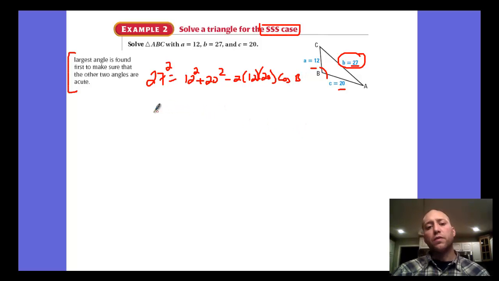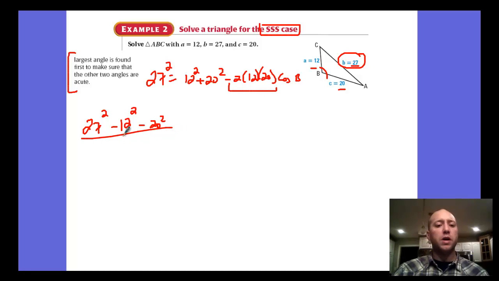So I can go through and solve this. This is going to be 27 squared minus 12 squared, or 144, and minus 20 squared. And then we're going to divide the whole thing by the portion we're multiplying cosine by, so divide by negative 2 times 12 times 20.